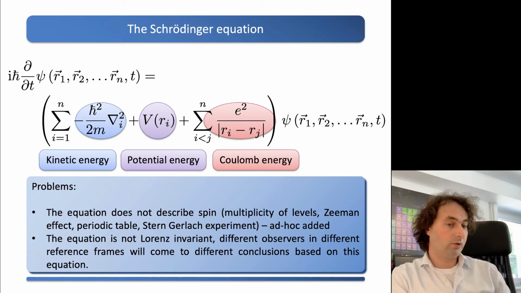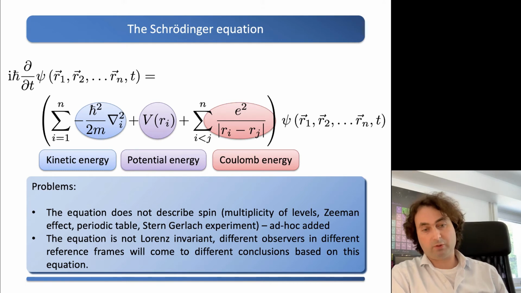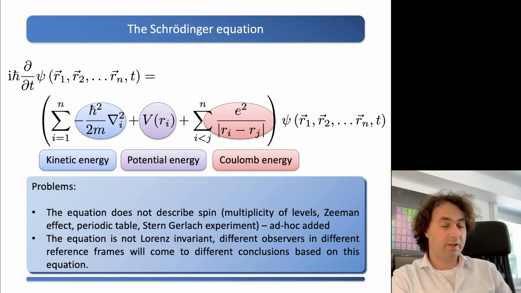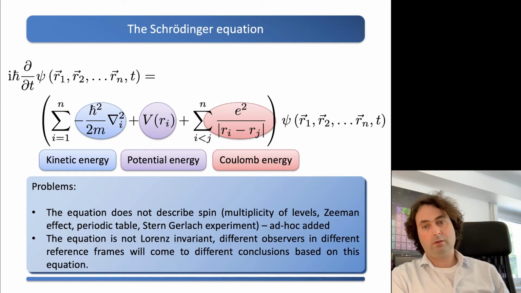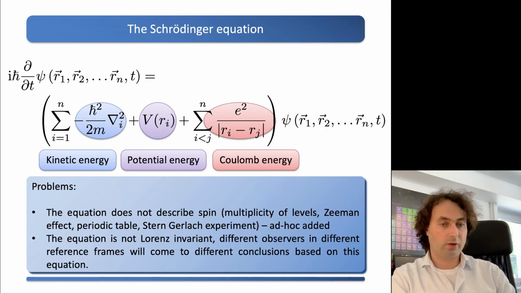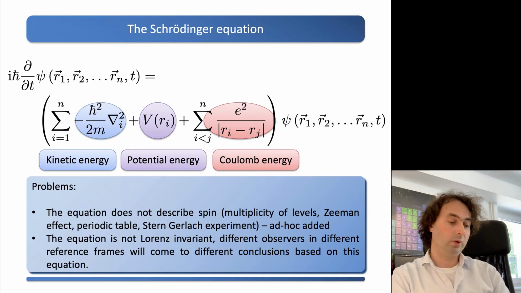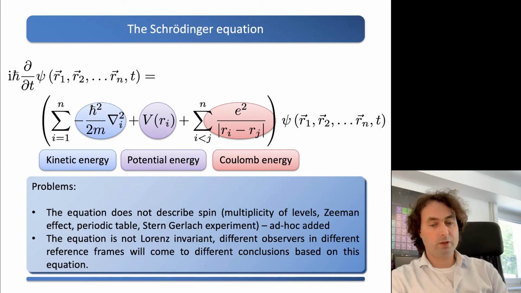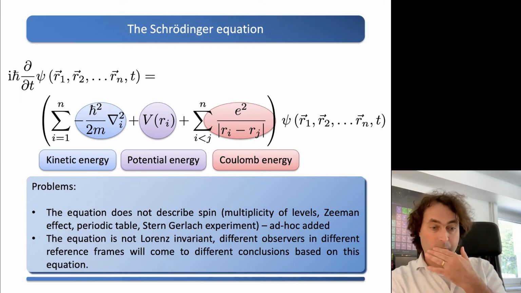And the same is true when you look at the Stern-Gerlach experiment, for example. Also there you see this multiplicity of your states, where a single state in the Schrodinger equation actually can be filled with two electrons, which we call spin up and spin down. And then of course the equation is not Lorentz invariant.